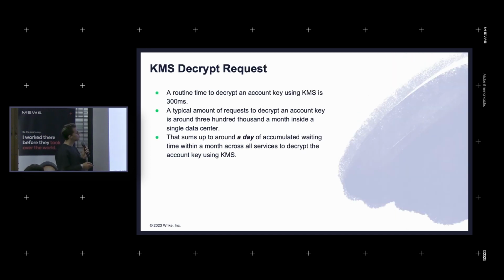This is not good, because the routine time to decrypt an account key using AWS KMS is 300 milliseconds, give or take. We calculated that for months of work in our services in all of the data centers, we have around a day of waiting time just to decrypt the account keys. And time is very valuable in a product like this, where you want to present the data to the user as fast as possible.